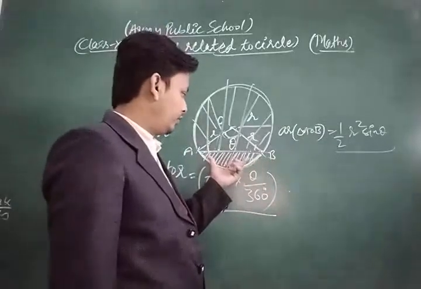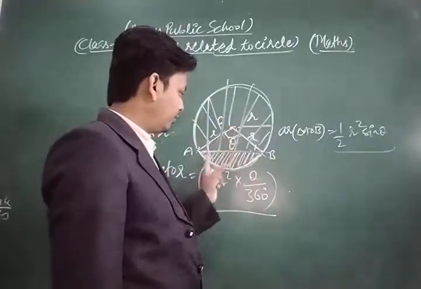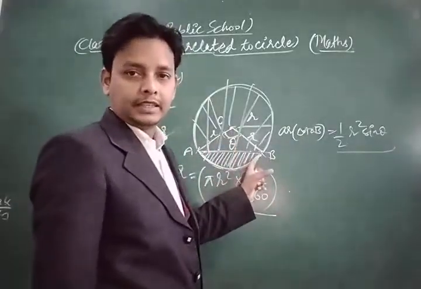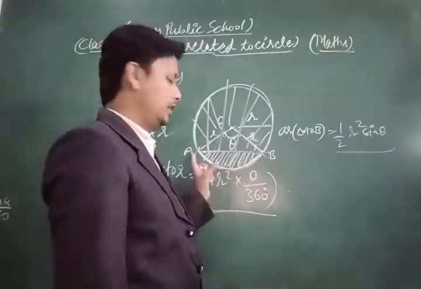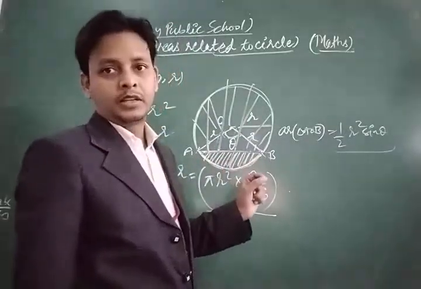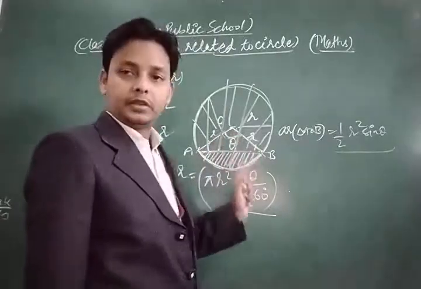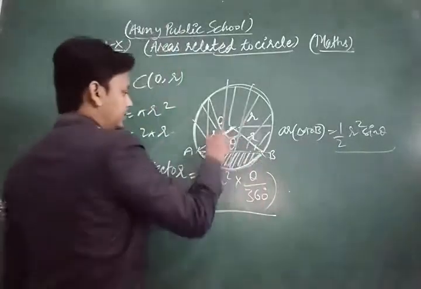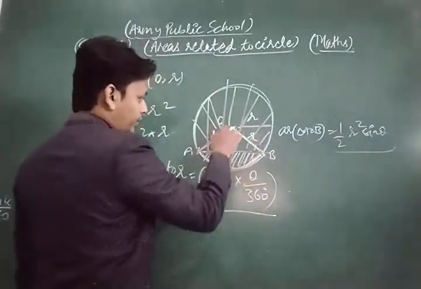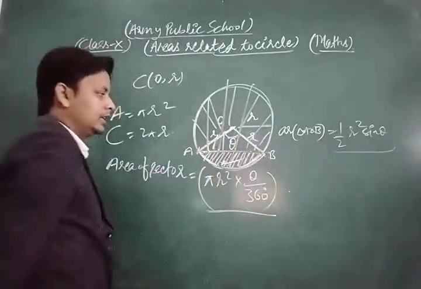The area of the segment is equal to the area of sector AOBA minus the area of triangle AOB. If we subtract, that is, area of sector minus area of triangle, then we get the area of the segment.